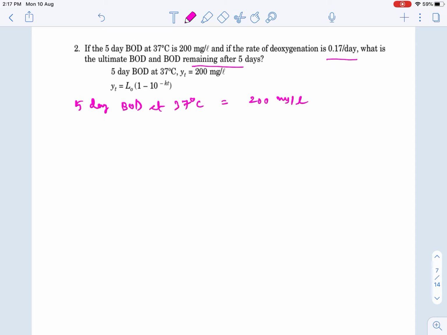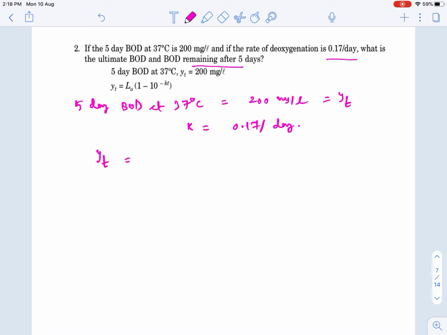What do you mean by 5-day BOD? It is nothing but the BOD exerted in 5 days. And the deoxygenation constant he has given is 0.17 per day.